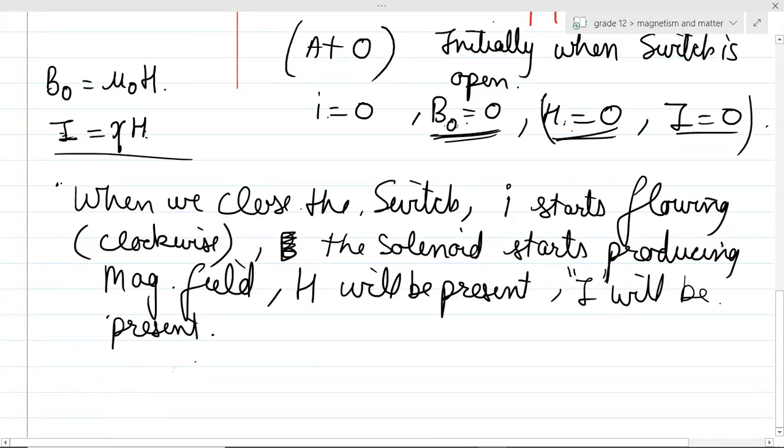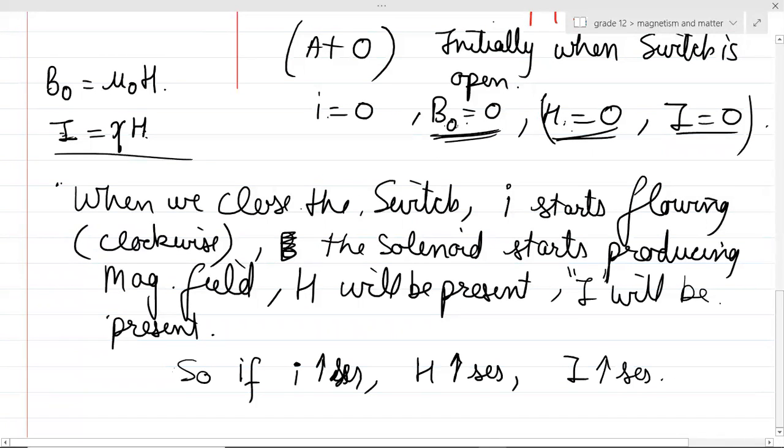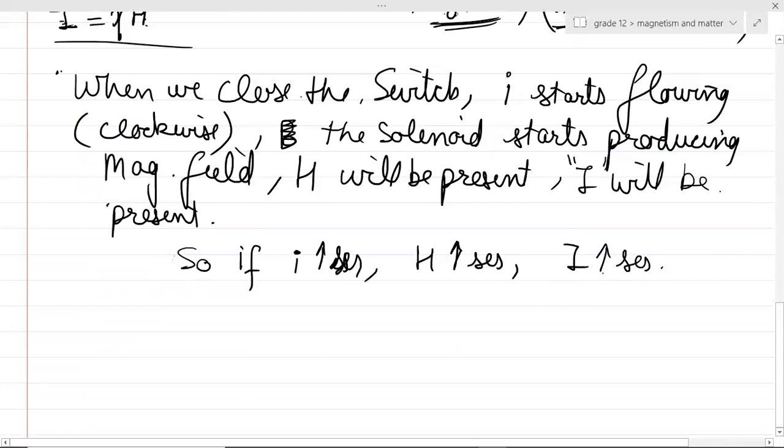So what happens if you increase the current? If the current increases, automatically H will also increase, and if H increases, I will also increase. But please remember, this I will not increase linearly.